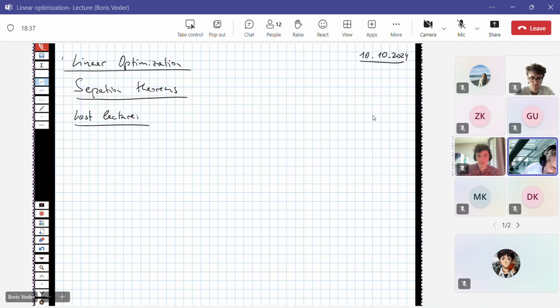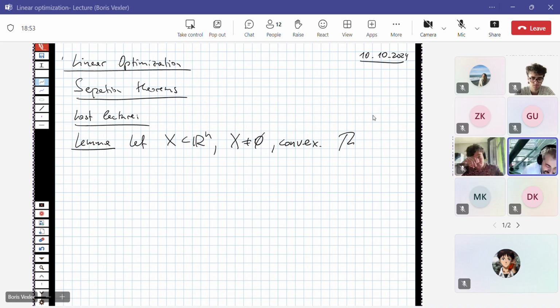We had a lemma which said the following: if we have a set X in Rn which is non-empty and convex, then there are three statements.